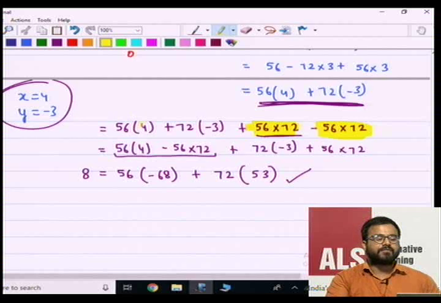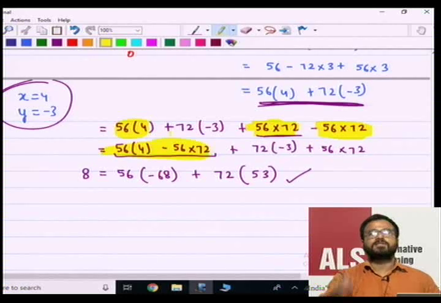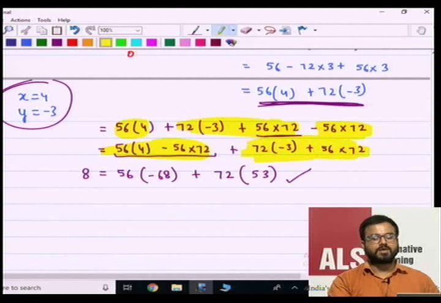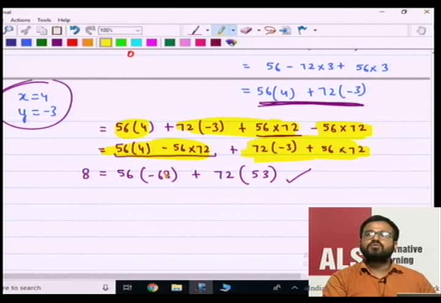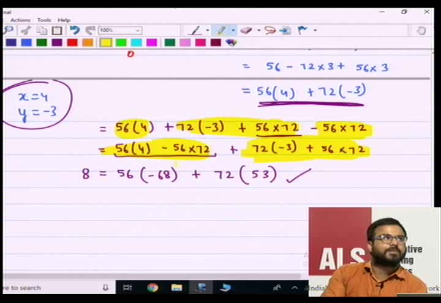The first and the last we have added, and the middle two we have added over here. So 56 into 4 minus 56 into 72. From here we can take 56 as common. So we will be left with 4 minus 72 in the bracket.